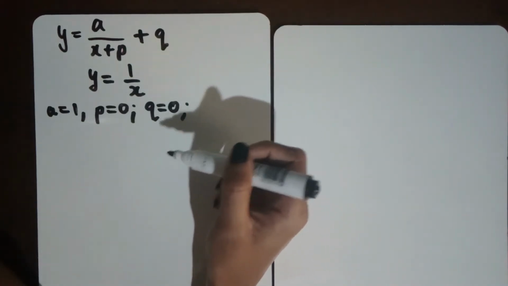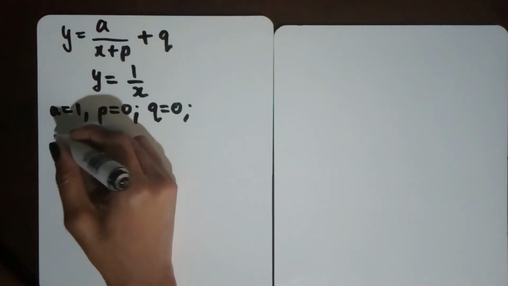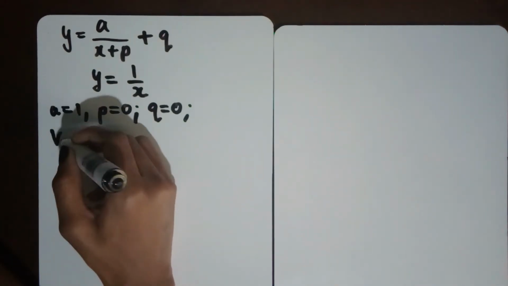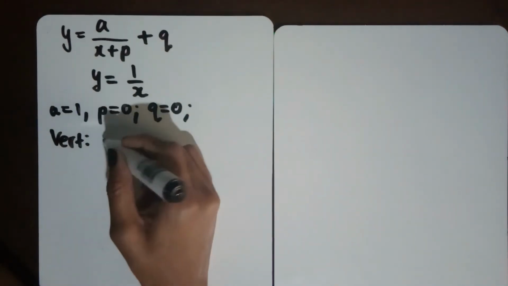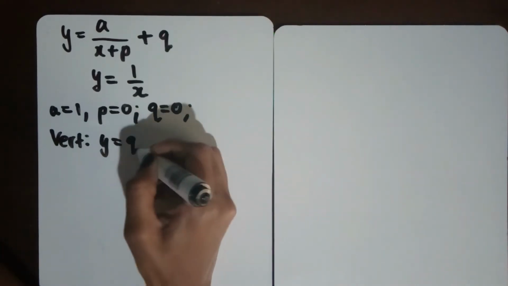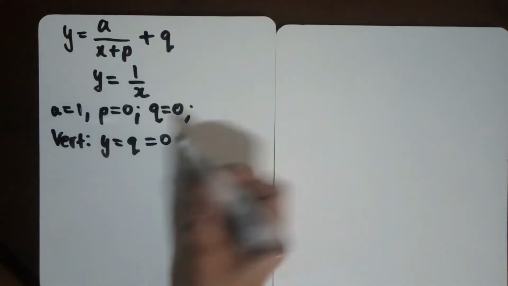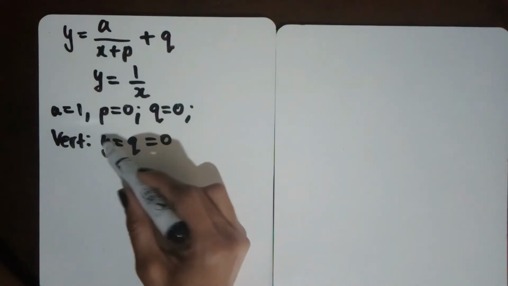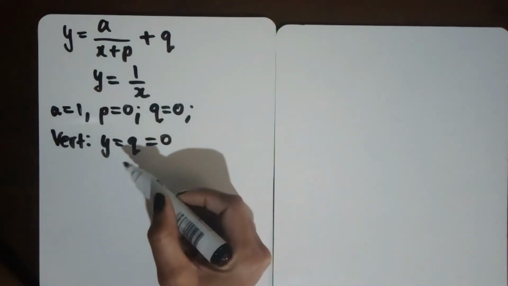To find our vertical asymptote, it's just going to be y equals q, but we know that q is 0, so it's y equals 0, meaning that the x-axis will serve as our asymptote.